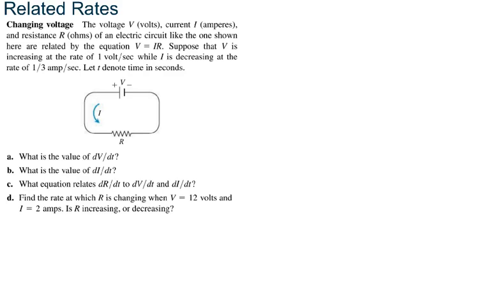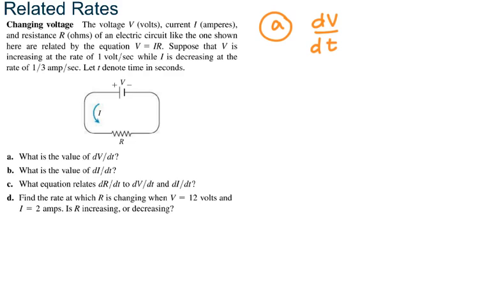Suppose that voltage is increasing at a rate of 1 volt per second, while I is decreasing at a rate of 1/3 ampere per second, letting t denote time in seconds. So part A says, what is dV/dt? That is the rate at which the voltage is changing over time.